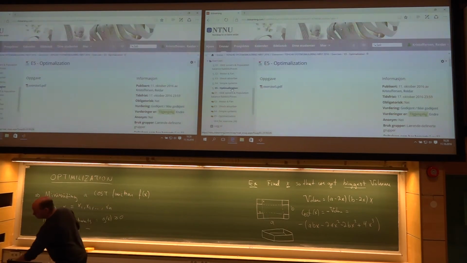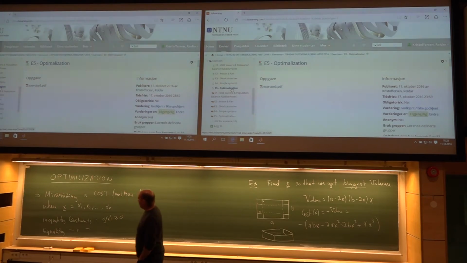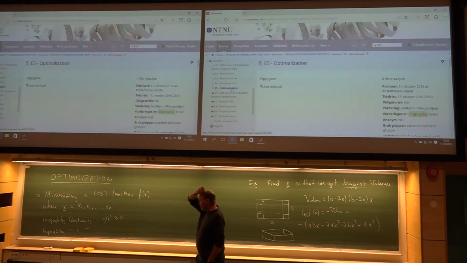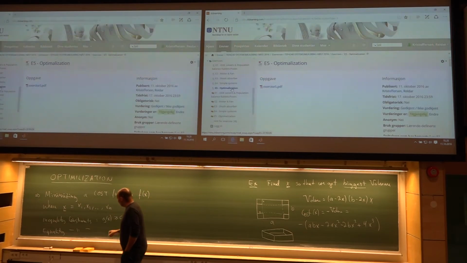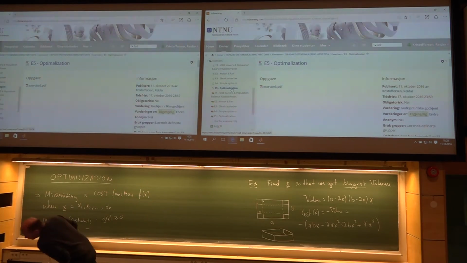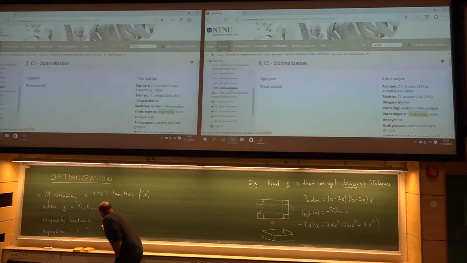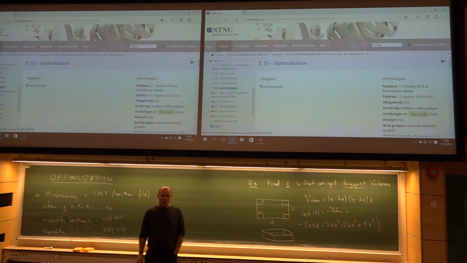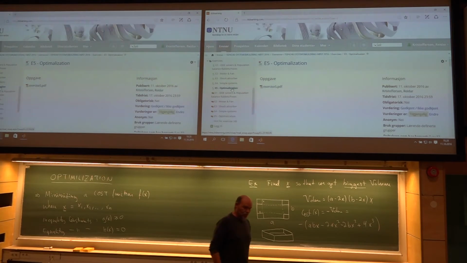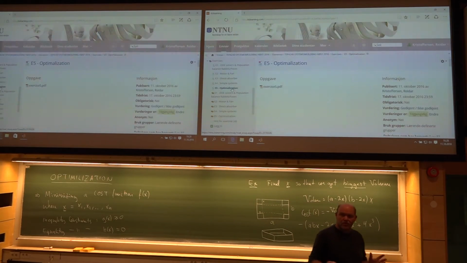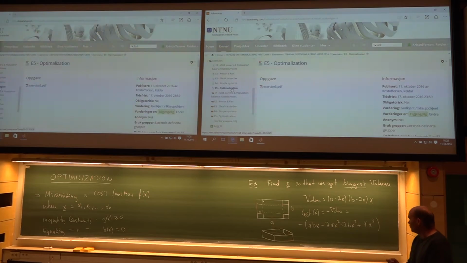For equality constraints, you have a function, say, h of x, that has to be on the form equal to 0. So you may have some constraints, some limitations on your parameters.